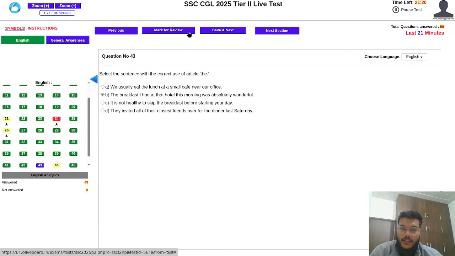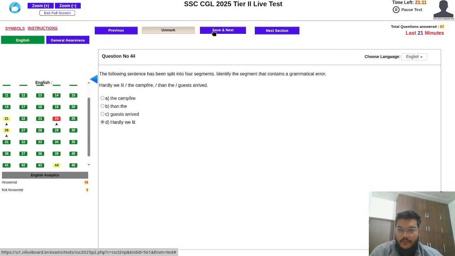It is not healthy to skip breakfast. Hardly had we lit the campfire than the guests arrived.